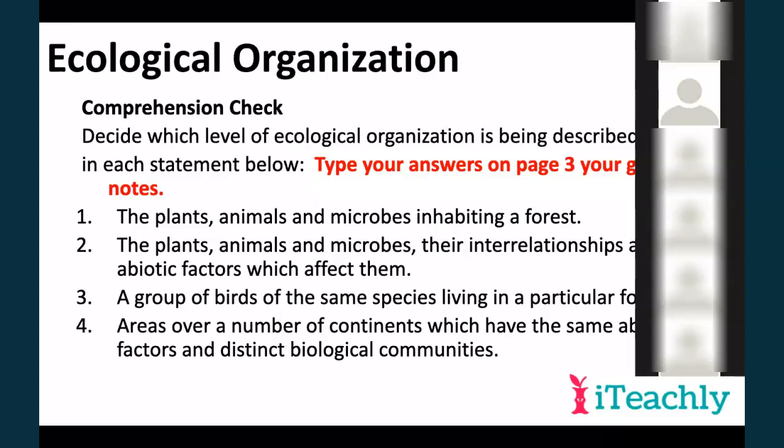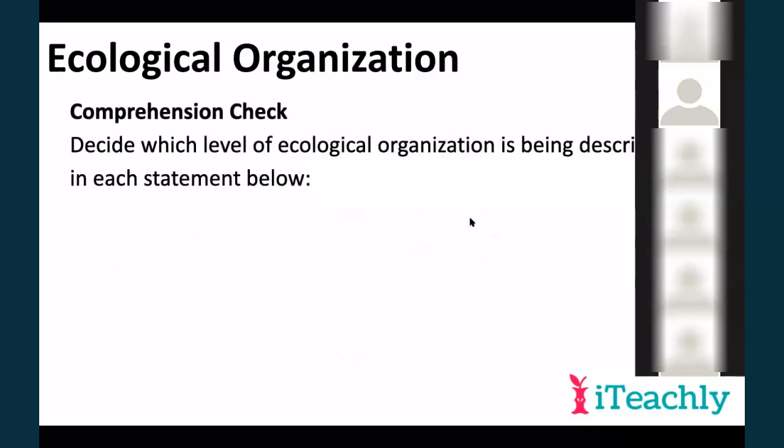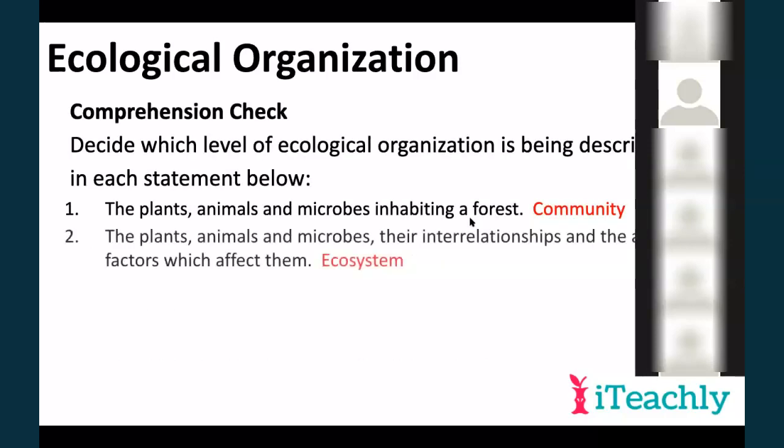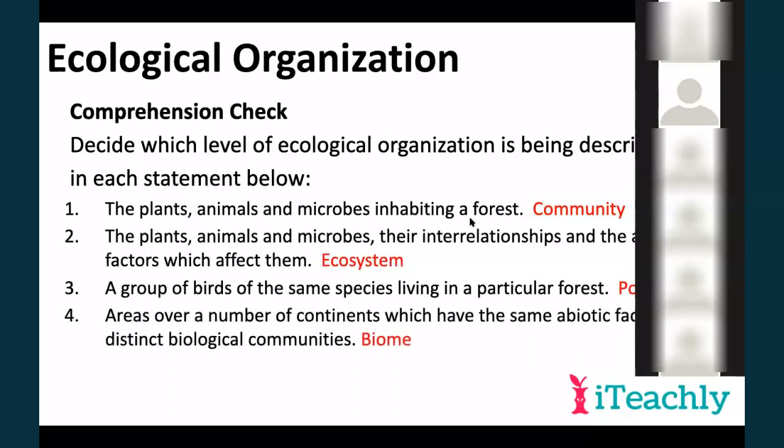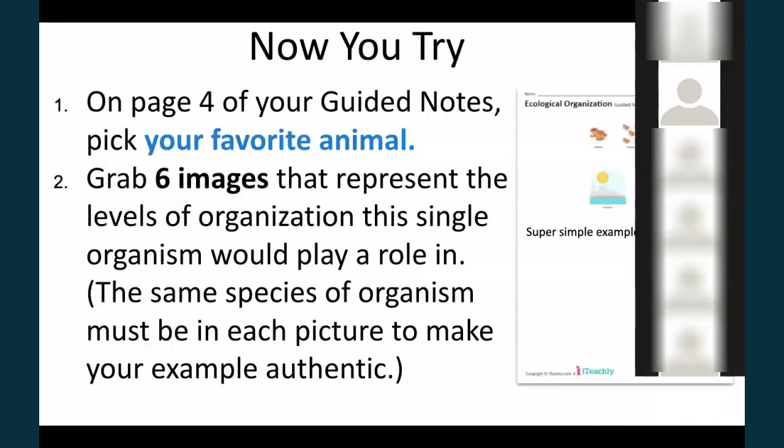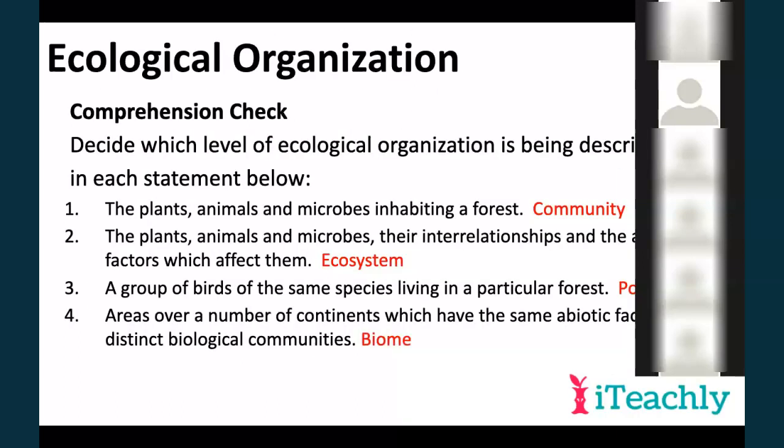If there were several different species, it would be a community, but only one species is a population. And if I put all of the ecosystems and I went across biomes, if I went geographically and said that these ecosystems are found in several continents, I would be looking at a biome.